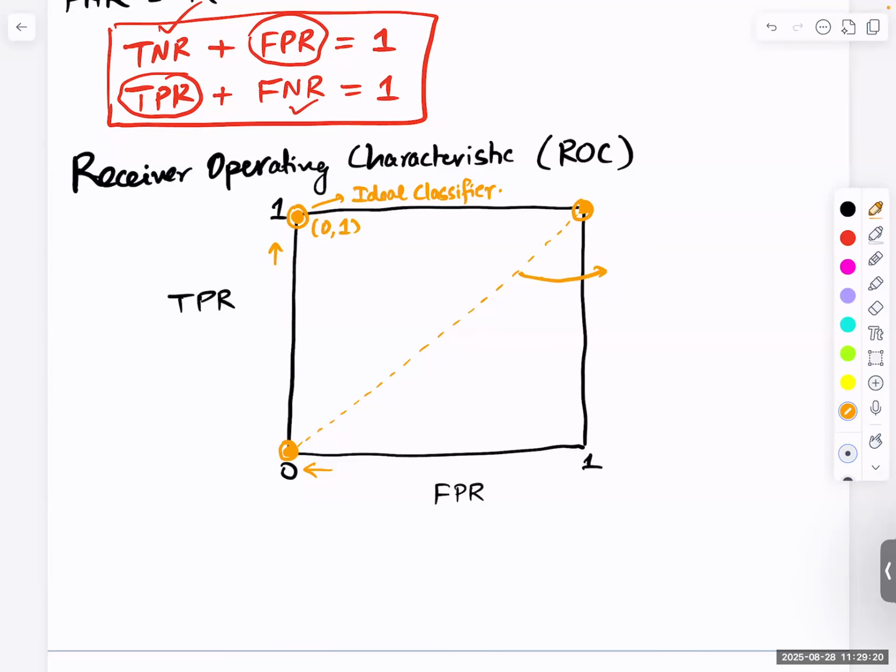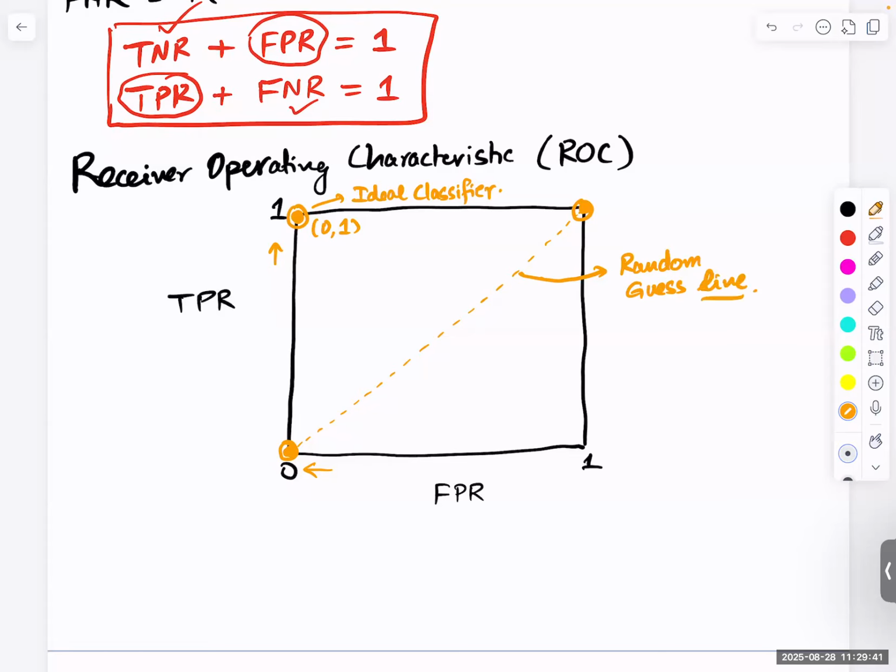Say you flip a coin with a certain probability and decide whether to say P or N, and then you can span all the points on this diagonal line. So this is also known as the characteristic of random guessing. This is the random guess line.